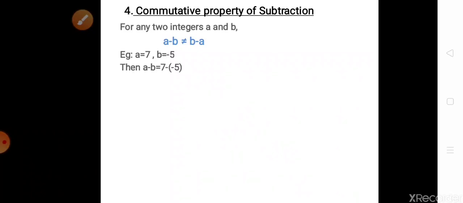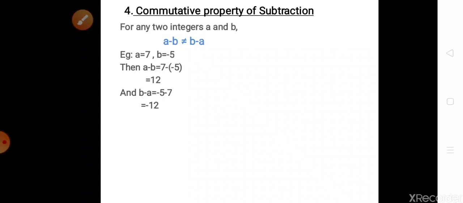Now a minus b will be 7 minus bracket minus 5, which is equal to 12. I hope this addition is clear to you. Minus minus makes it plus, right? Then on the other side, b minus a is equal to minus 5 minus 7, which will result in addition, but the answer will be minus 12.